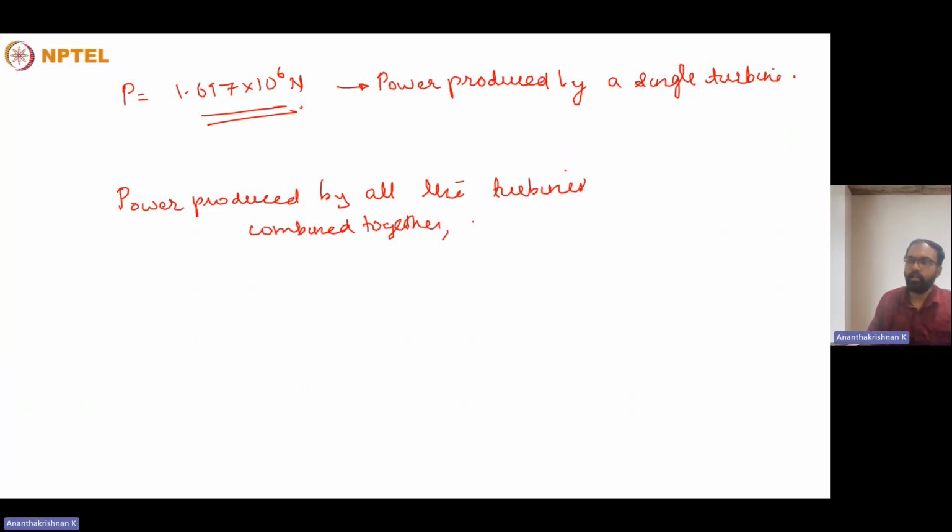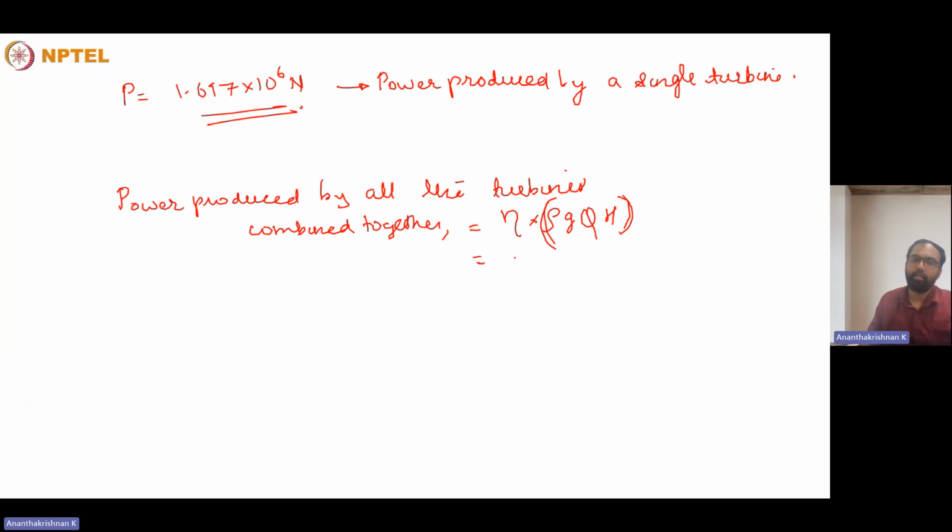So we can calculate this to be equal to efficiency multiplied by the actual power produced by all the turbines together, the actual power which is available at the inlet to the turbines.